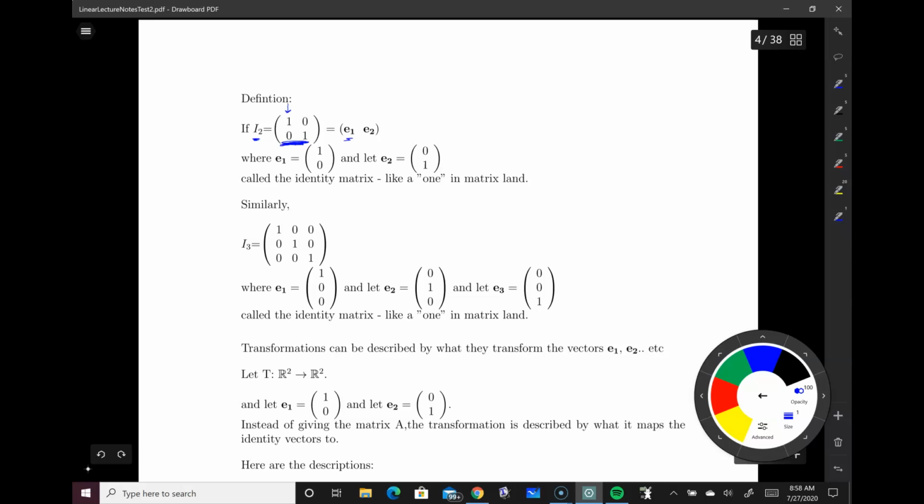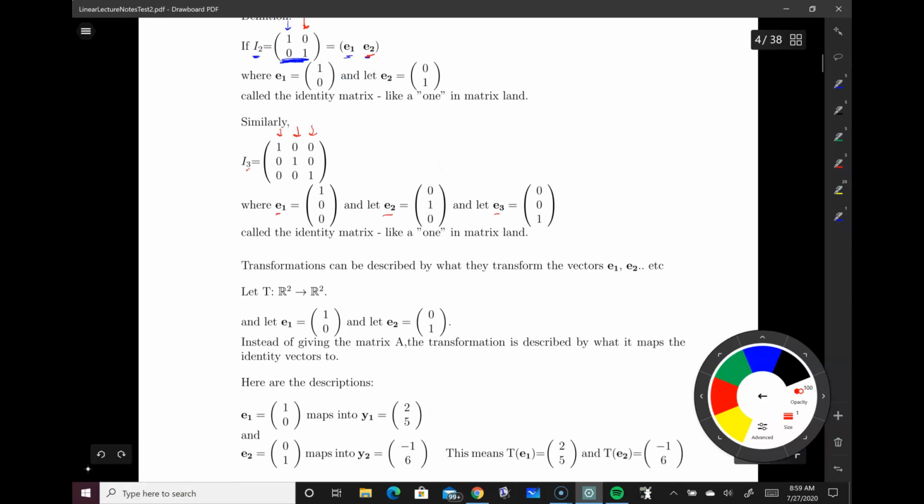And then this would be E2, right? This is E2, and this would be the column vector E2. All right, then if we were in 3 by 3 matrices, then this E1 is this column vector. And then this E2 is this column vector. And then this E3 is this column vector. And so it is like a 1.